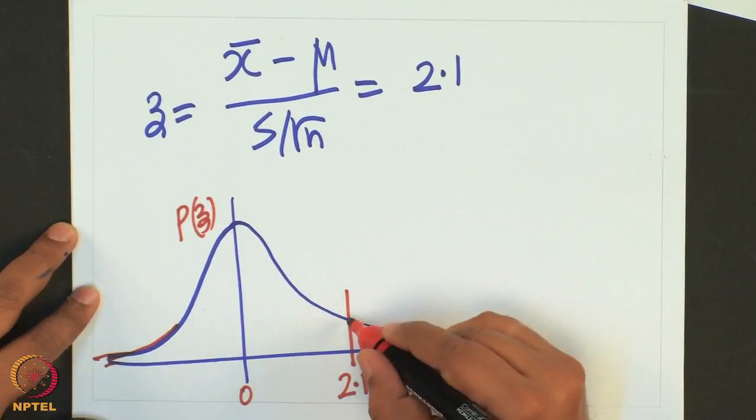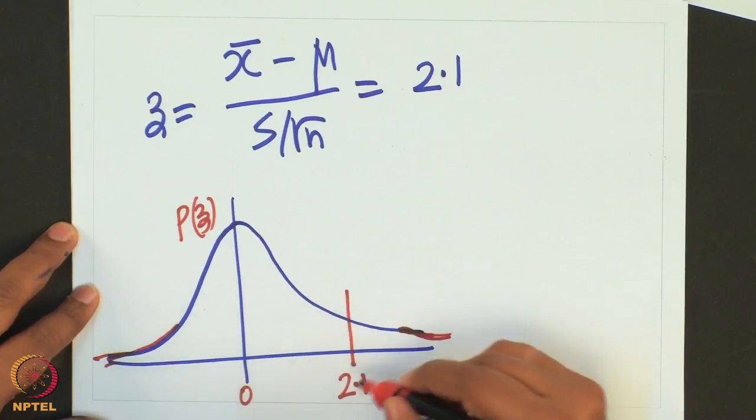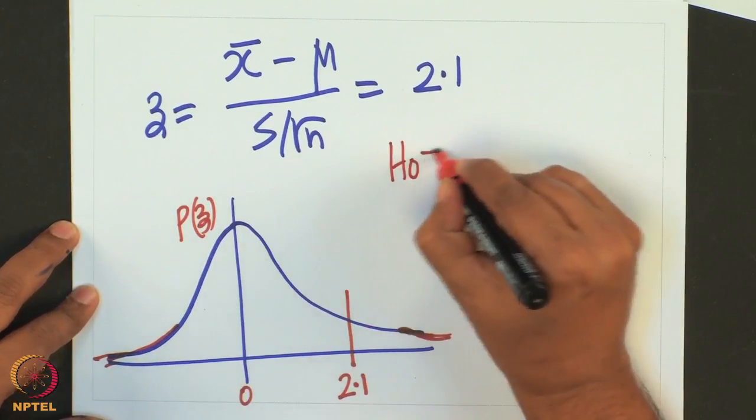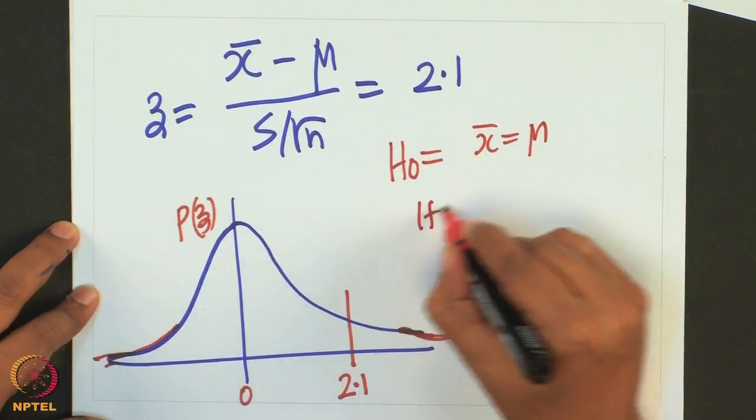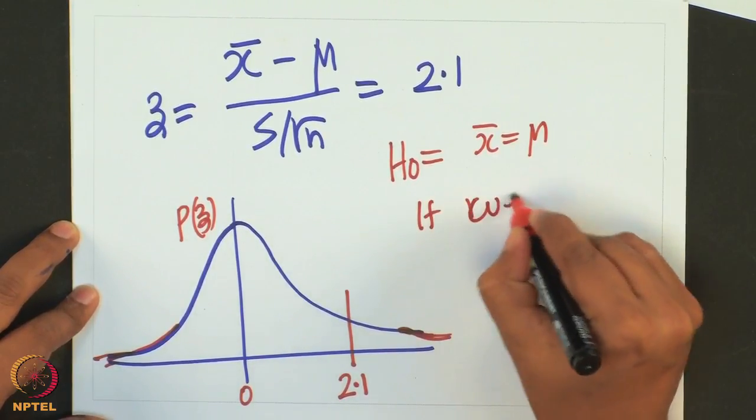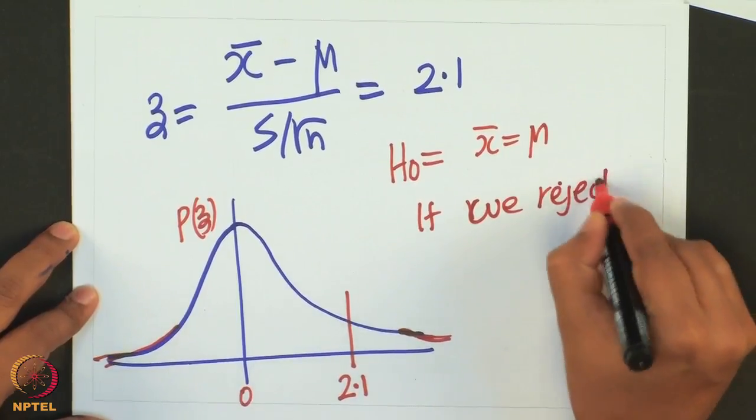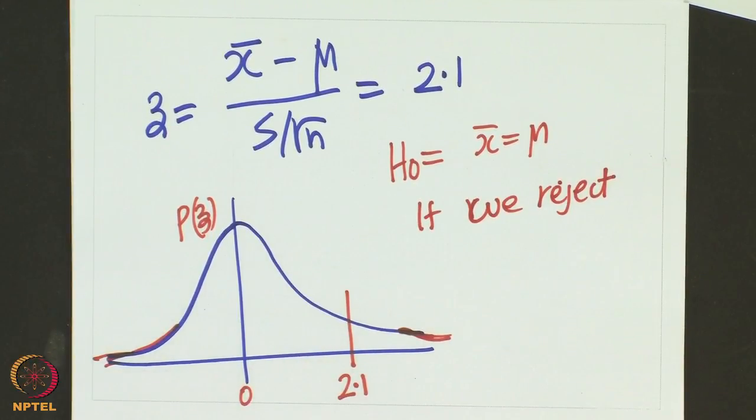Therefore, if we reject the null hypothesis H0, which says that x bar is equal to mu, there is likely to be some error.